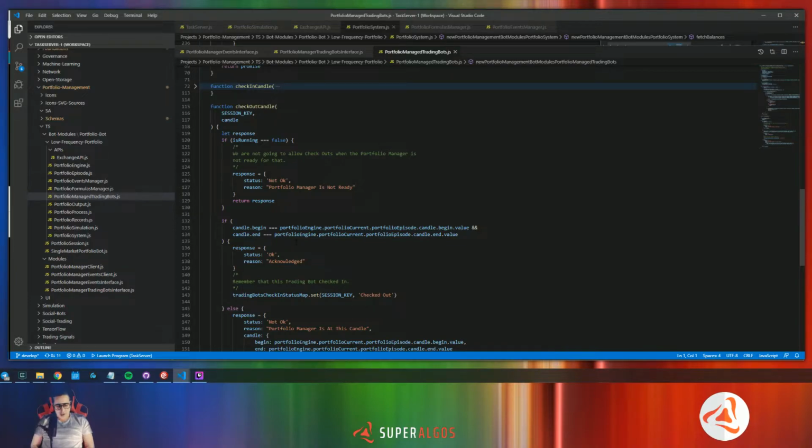So when it does the checkout, it might send the trading engine structure that it has. I'm trying to imagine.